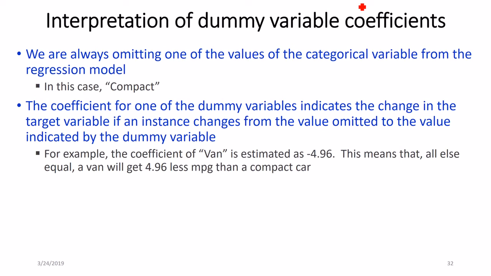As an example, the coefficient of van is estimated as minus 4.96. This means that a van will get 4.96 less MPG than a compact car, if all else are equal.